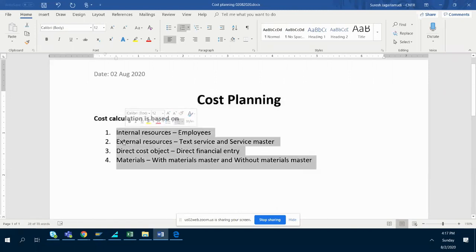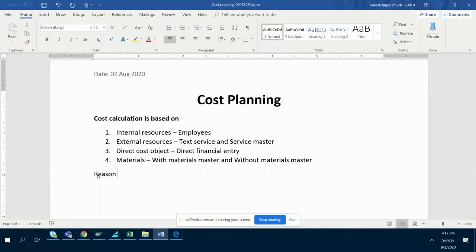Now, tell me, why do we need to have a cost planning in place for the projects? Any reason? Cost planning means it is budgeting. One kind of budget which we are preparing, how the budget will take place. This is the projection. The planning is nothing but how much. Budget purpose.